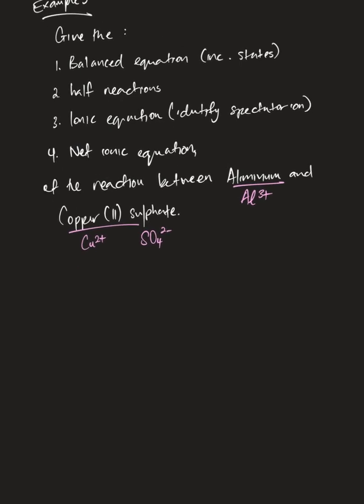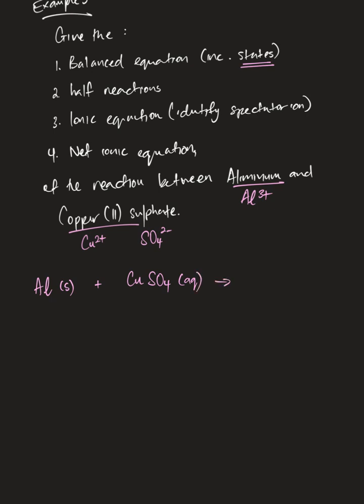They want the balanced equation including the states. So it says aluminium, which is a solid because it's a metal, plus copper sulfate. Because the charges are the same, 2 plus and 2 minus, it's CuSO4, and that's a salt which is aqueous.